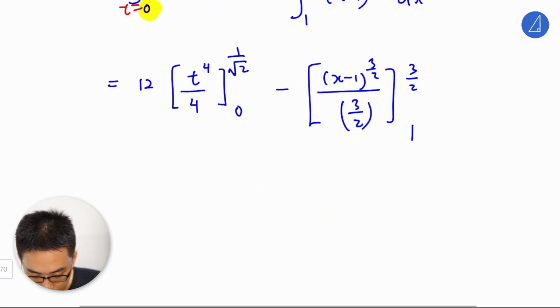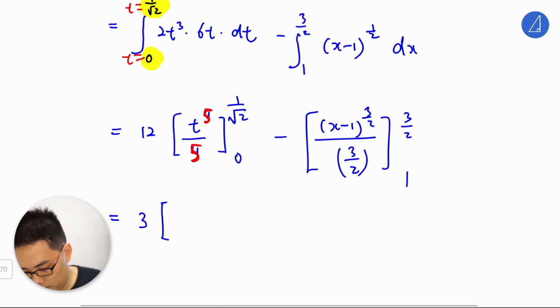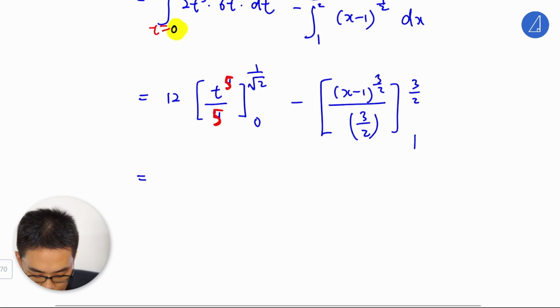Yeah, so this one is 3. Yep. Yeah, I did it wrongly. It's 5 over 5, right? So 12 over 5 outside.